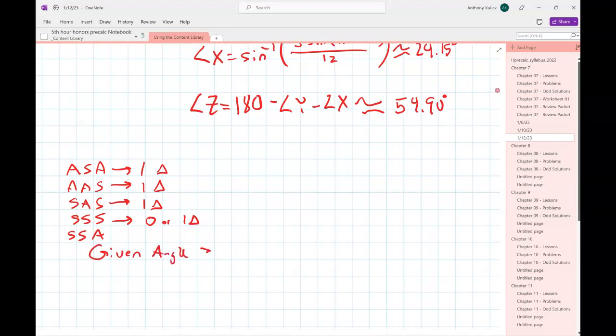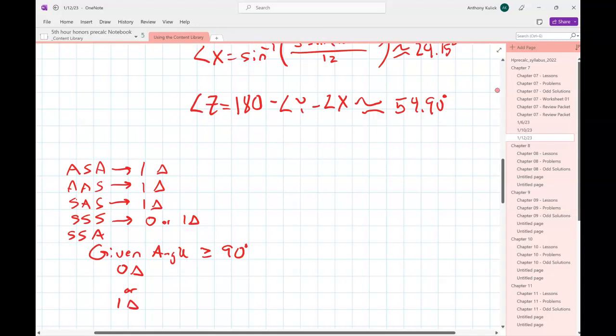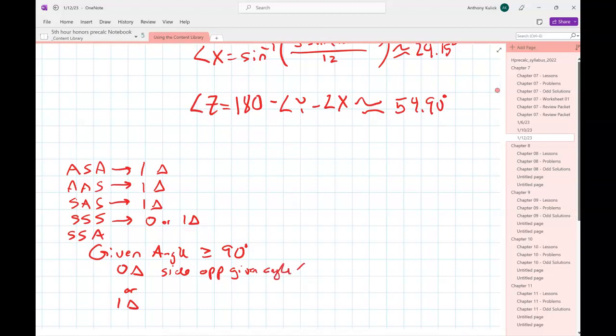Right angle. So if it's greater than or equal to 90, we have 2 outcomes. You can have 0 triangles or 1 triangle. The 0 triangles happen if the side opposite the given angle is less than the other given side.